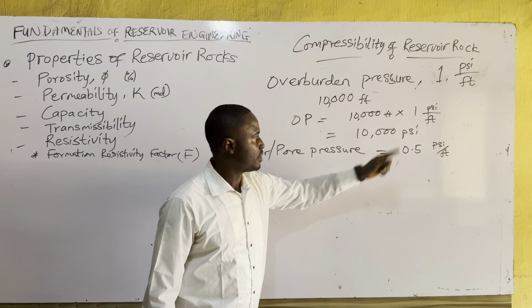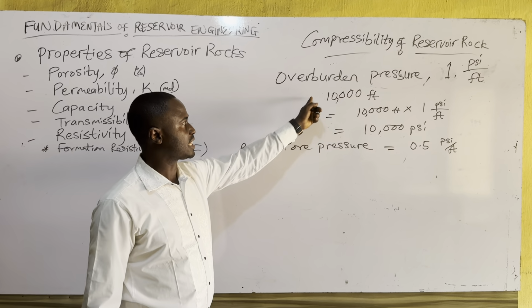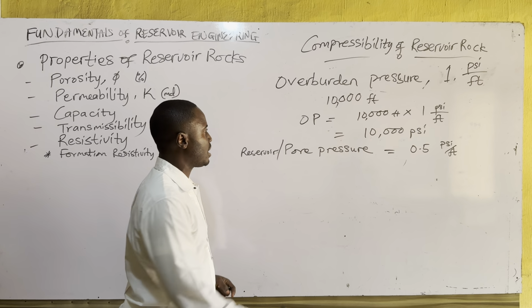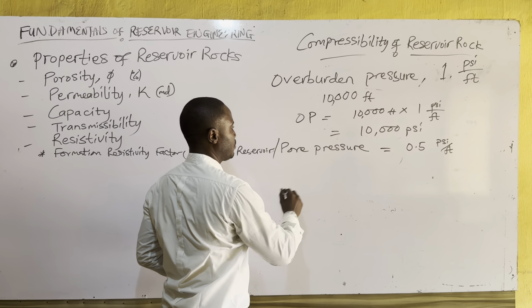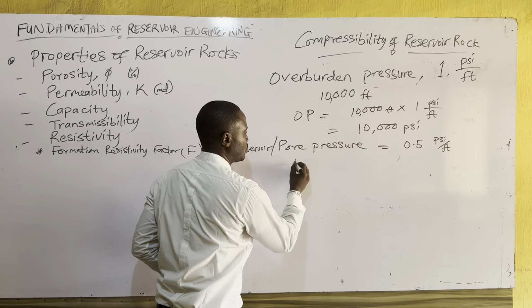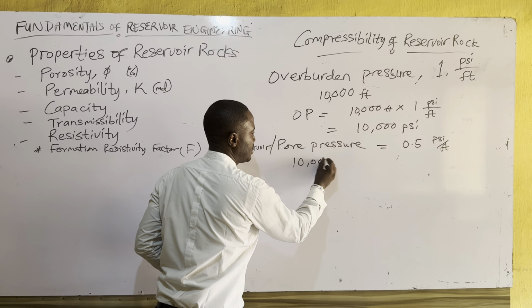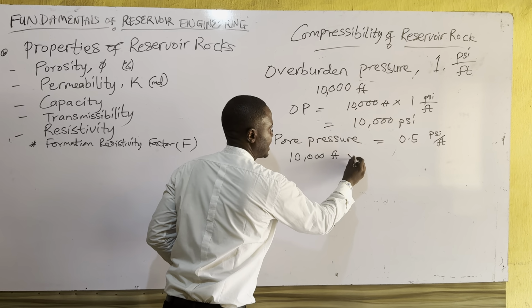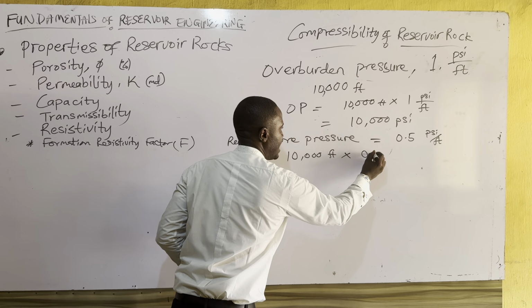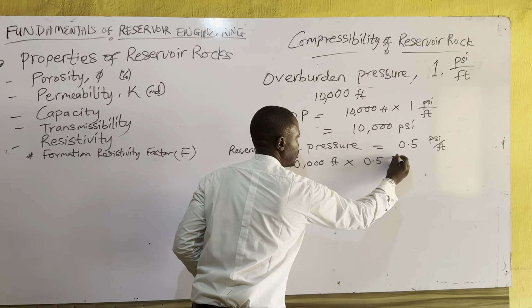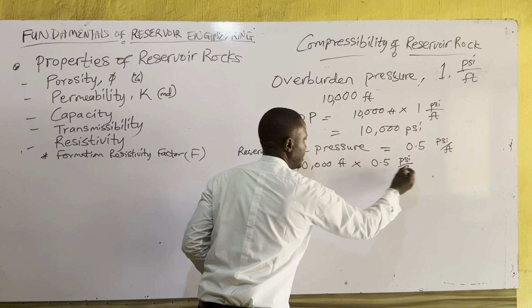Now let's come to this 10,000 feet reservoir rock where we find our reservoir. The pore pressure for this will be what? 10,000 feet times 0.5 psi per foot.